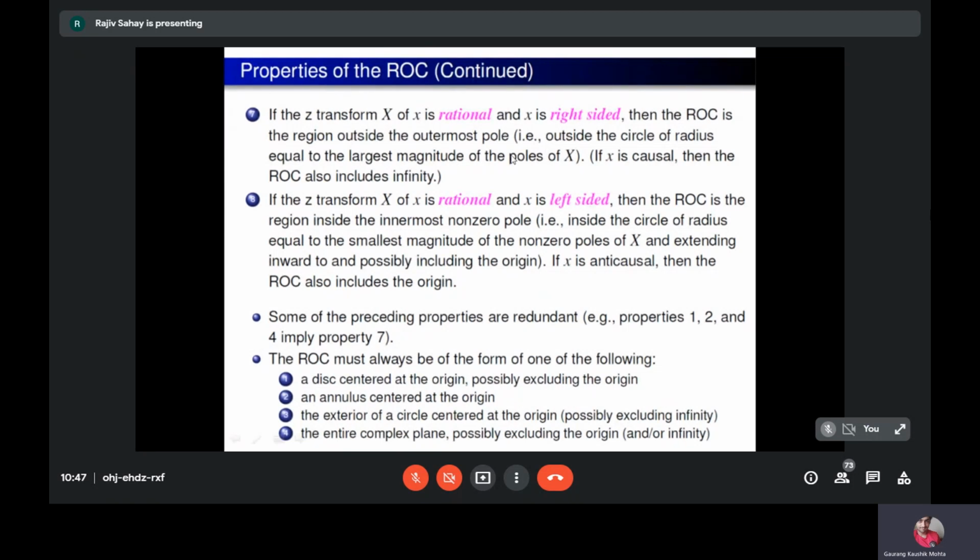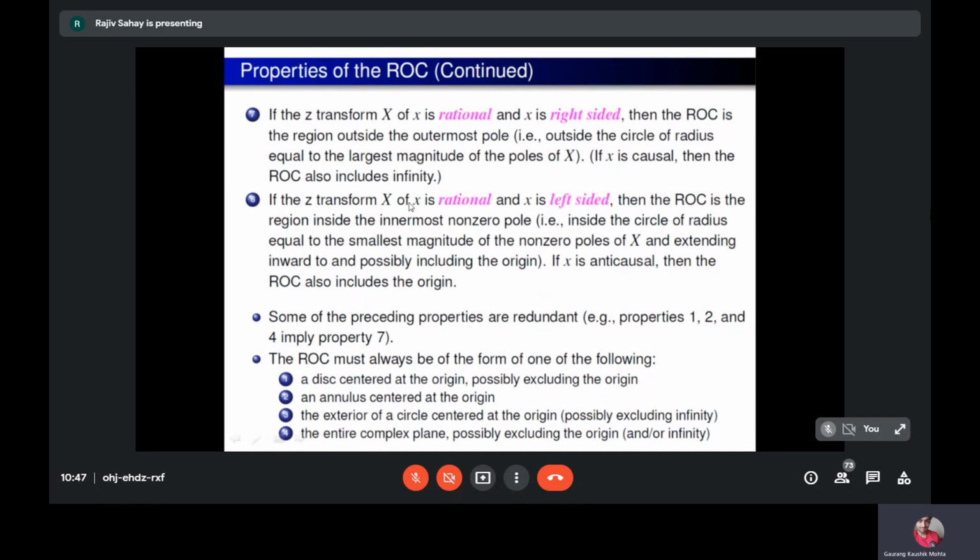This point is the most important one. Most of the time we will be working with causal sequences, so the ROC will be the region outside the outermost pole, that is, outside the circle of radius equal to the largest magnitude of the poles of x.